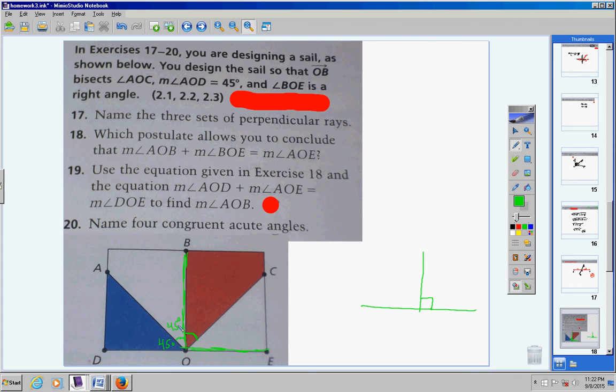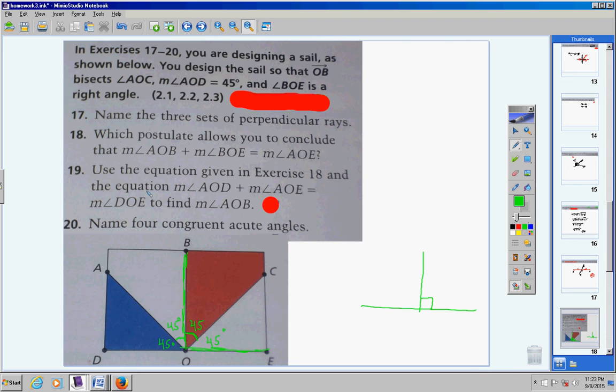So if that's 45 and they're congruent, then this has to be 45. Now remember what it says here. BOE is a right angle. BOE, this whole angle here, is a right angle, okay? So if that's the case, and this is 45 degrees here, then this has to be 45 degrees also, because 45 plus 45 is 90.